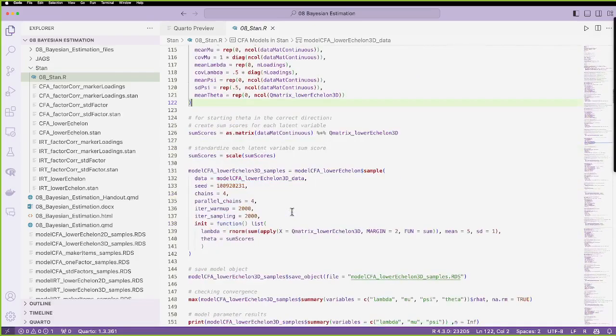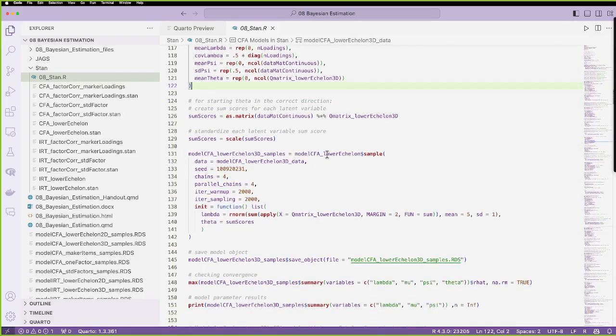Now, to run the model itself, I take the object that was created when I compiled Stan. This is called an R6 object, and if you're not familiar with R6, don't worry about it. But basically the idea is after the $, we can put functions in R6 objects. So we're going to use the sample function. We're going to pass the data, a random number seed, the number of Markov chains we want.